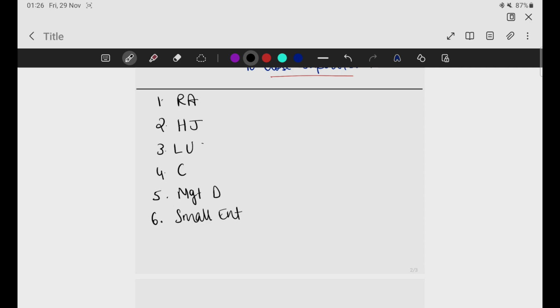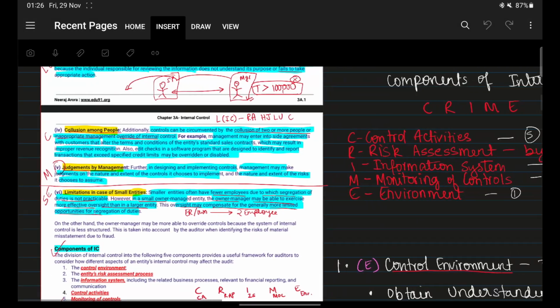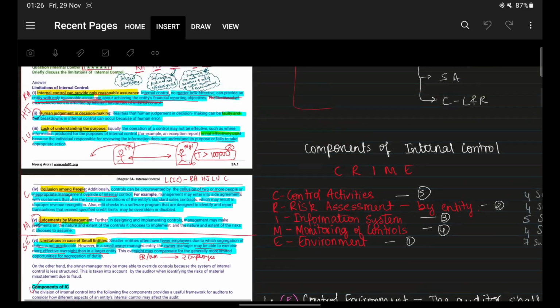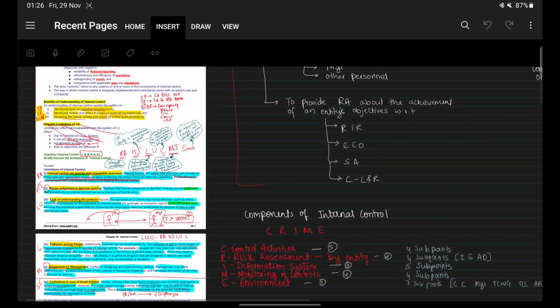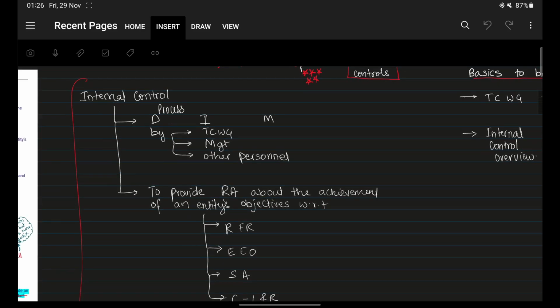Okay, next, moving on to just do a small recap from the beginning. What do you say? We started from here. Okay, what is internal control?